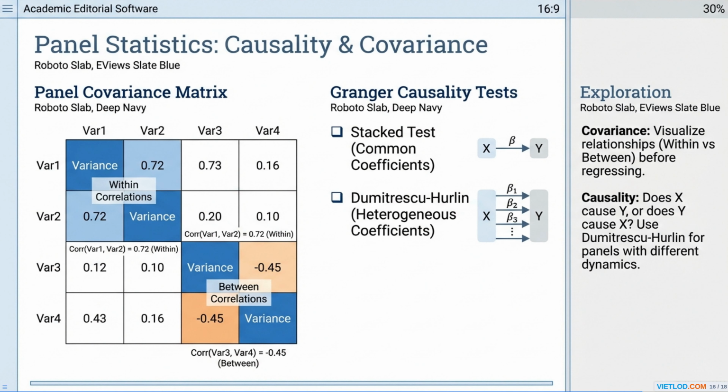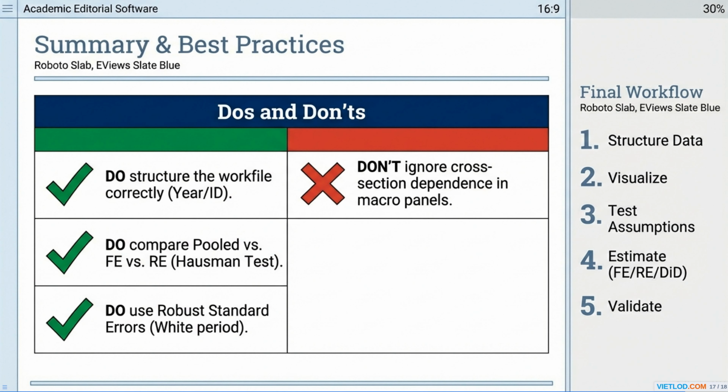On the right, we delve into Granger causality tests, which help determine if one variable truly causes another. We have options like the stacked test for common coefficients across panels and the more advanced Dumitrescu-Hurlin test for panels with heterogeneous dynamics.